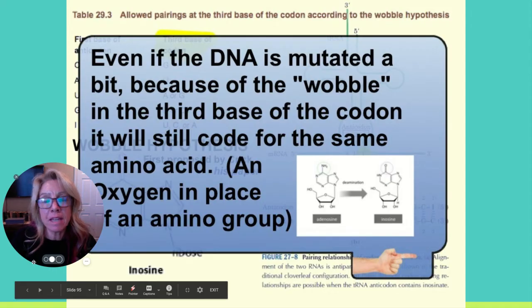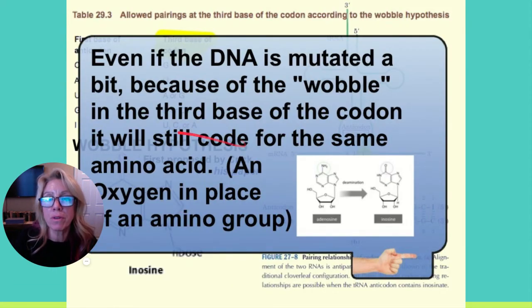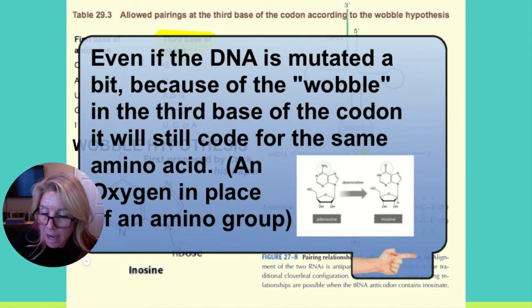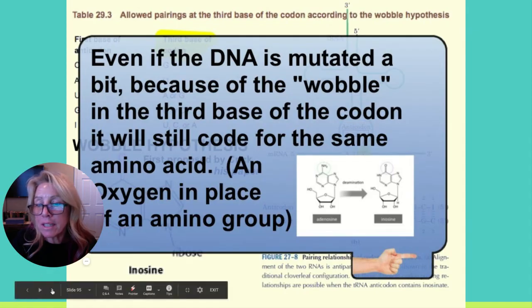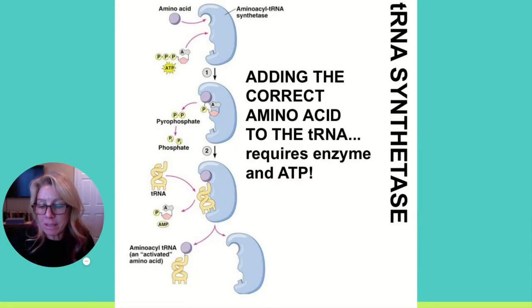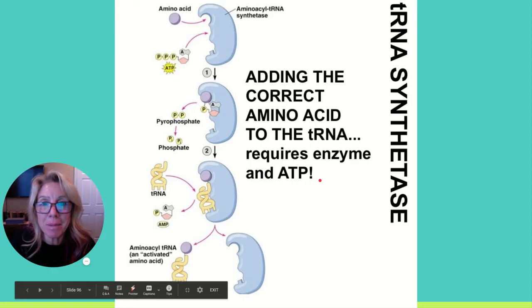And so even if the DNA is mutated a bit, because of the wobble in the third base of the codon, you can still probably get the same amino acid even if you have a mistake. And I gave you all the notes for that. And then the next part is to attach an amino acid on the tRNA requires energy, which would be what's the energy currency of our cell? That's ATP.